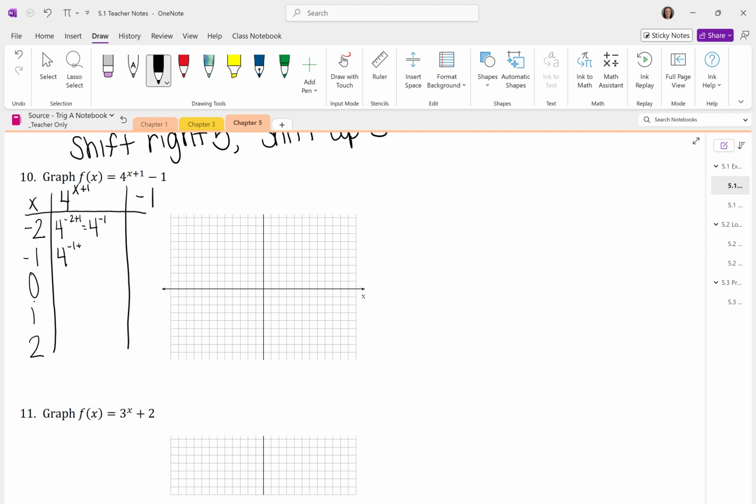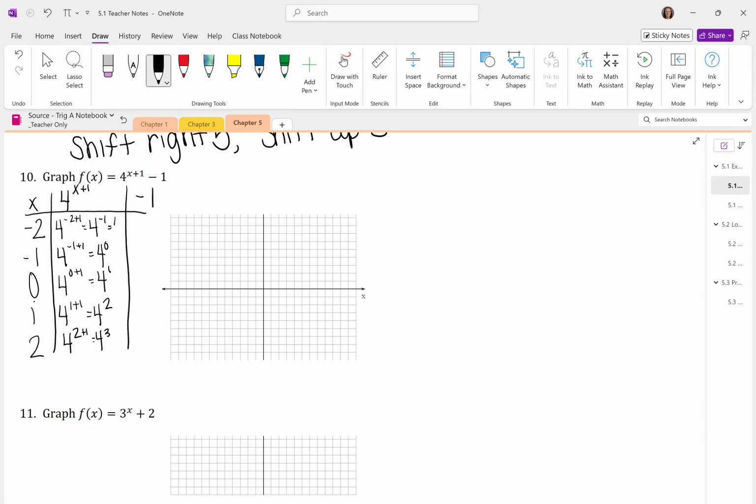Substitute the 0 in there for x. You get 4 to the 1st. 1 + 1 would be 4 squared. And then 2 + 1 would be 4 to the 3rd.